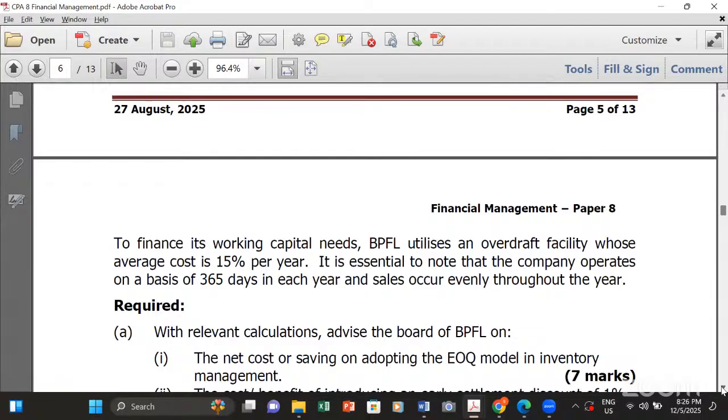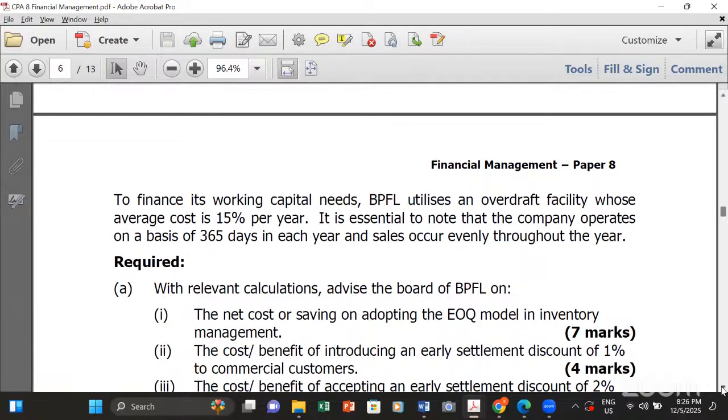Let's answer part A with relevant calculations. Advise the board of BPFL on the net cost or saving on adopting the EOQ model in inventory management.